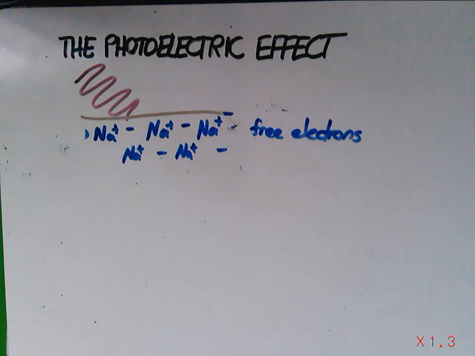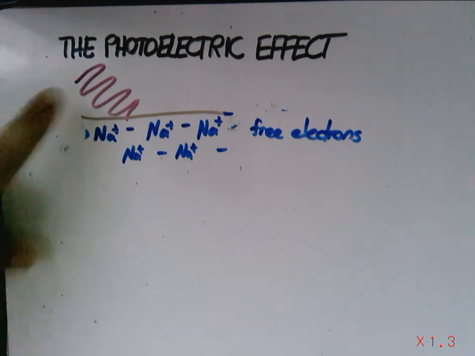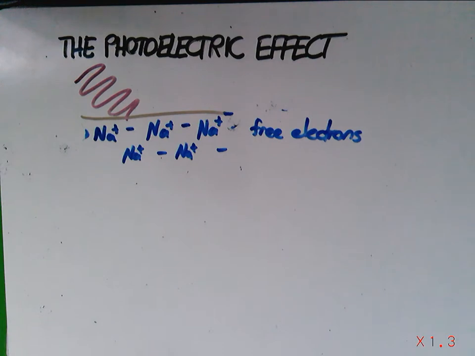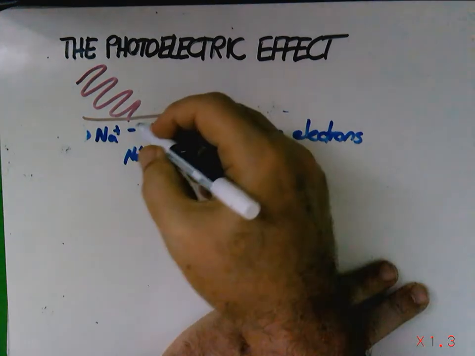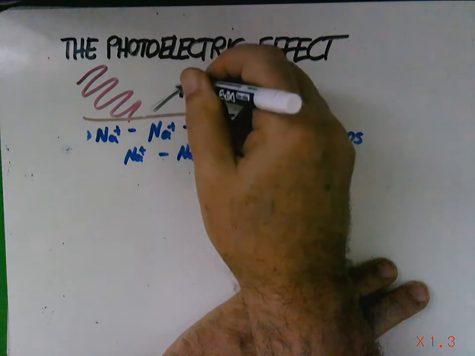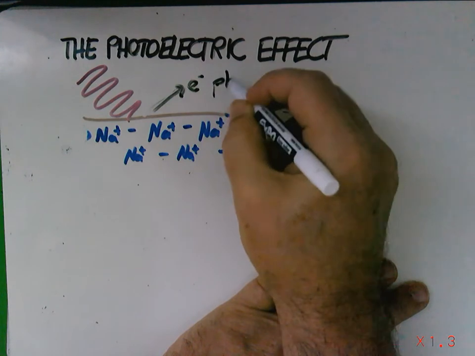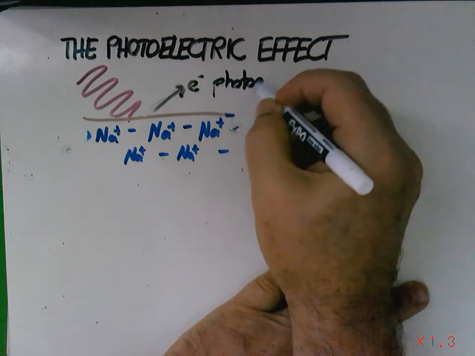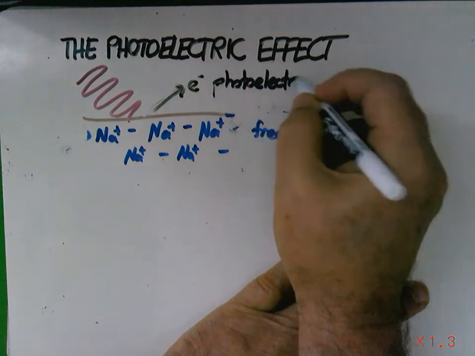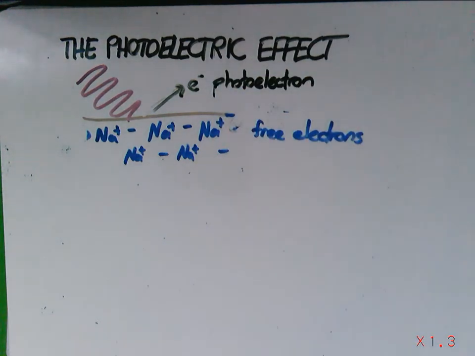And this gives us a way to experimentally measure how much energy a light wave is carrying. The electron here is going to fly out. I'm going to write it as E-. I'm going to call it a photoelectron, because it was kicked out of the metal by light.